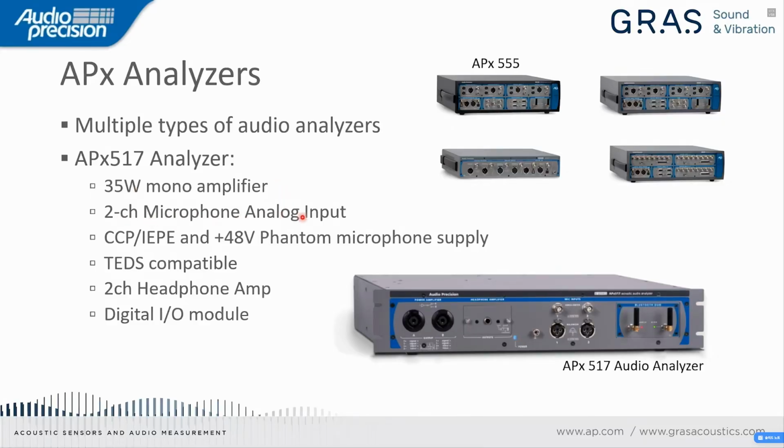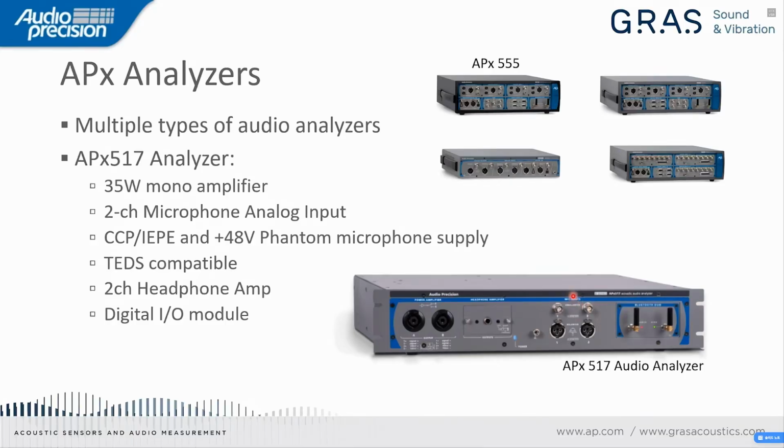Then we have the 2-channel microphone analog input that we see over here. These analog inputs for microphones come equipped with power supplies. It could be CCP IEPE, but also plus 48 volt phantom power. So we can provide the supply for our measurement microphones without the need of having any other external equipment.